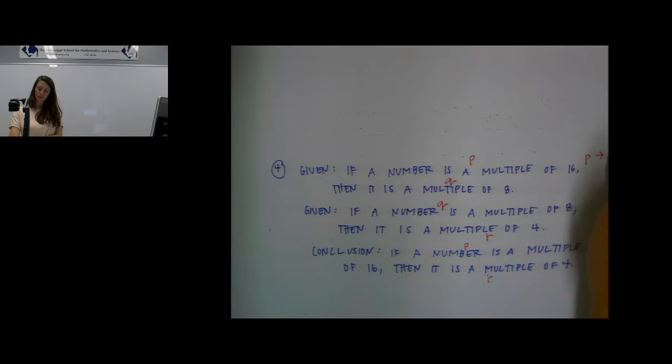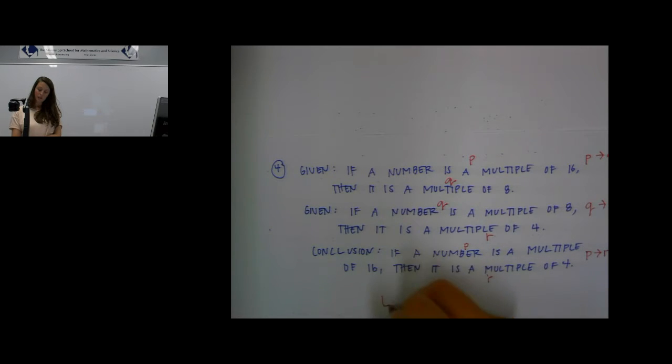P implies Q, Q implies R, therefore P implies R. So that is your law of syllogism.